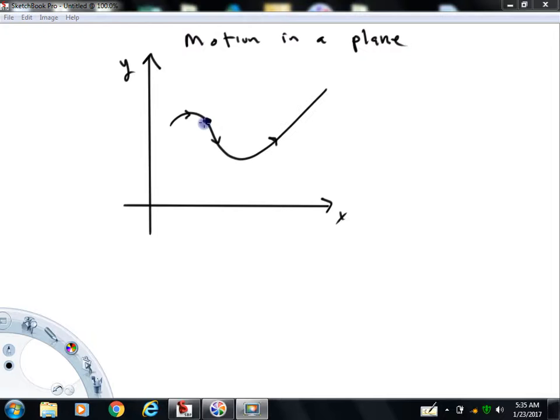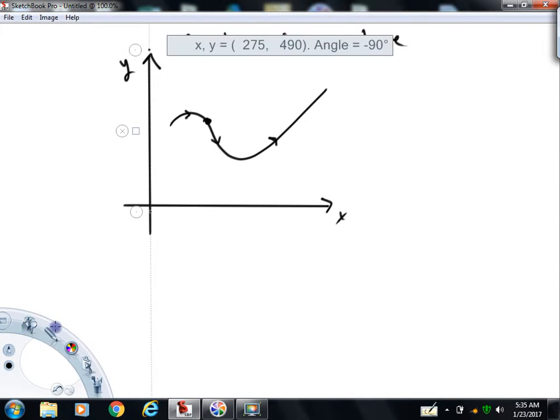Now, the first thing to realize about this is that there's several sets of coordinates we can use to track the motion of this particle.